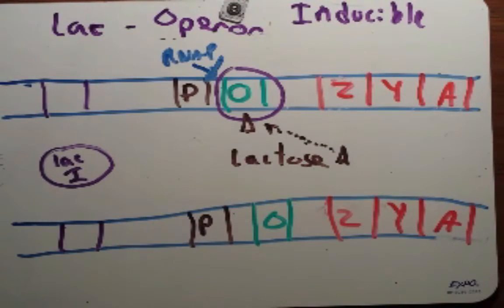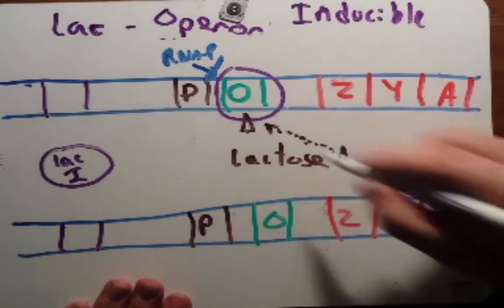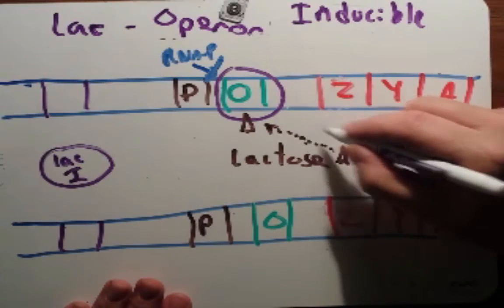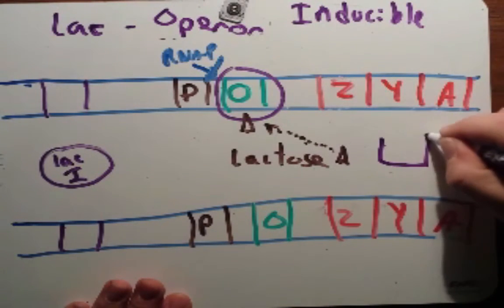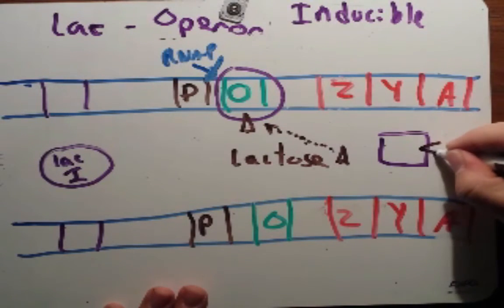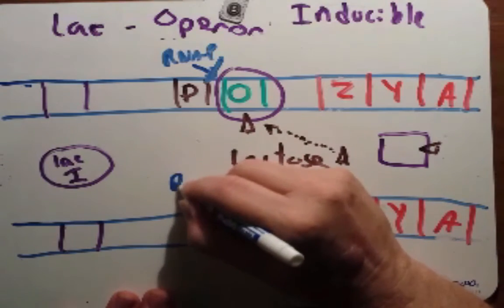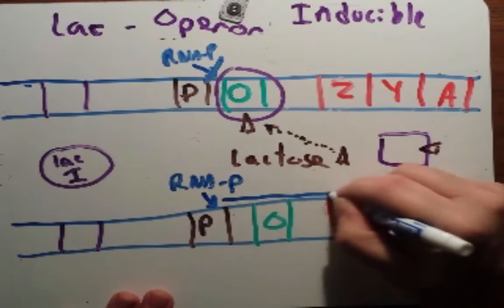Okay, so lactose enters the cell, it binds to this repressor. When it binds to the repressor, our $1 million word happens, that allosteric change occurs to the repressor. The repressor now falls off with the lactose inducer bound to it. Once it falls off, RNA polymerase can now bind to the promoter and begin to transcribe these genes.